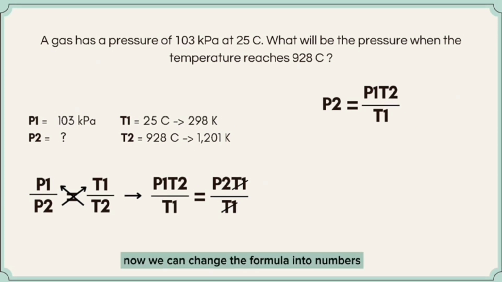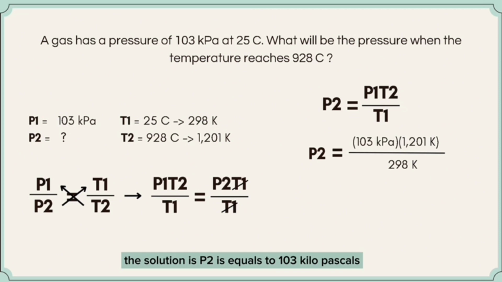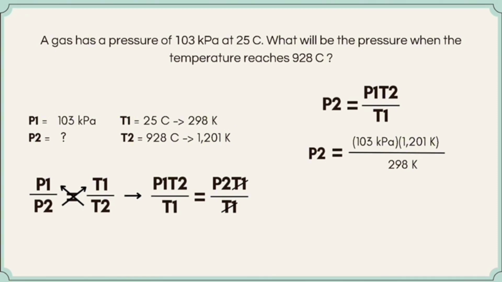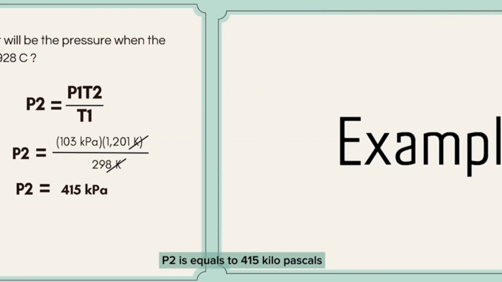Now we can change the formula into numbers. The solution is P2 is equals to 103 kilopascals multiplied by 1201.15 Kelvin divided by 298.15 Kelvin. Cancel the K. P2 is equals to 415 kilopascal.